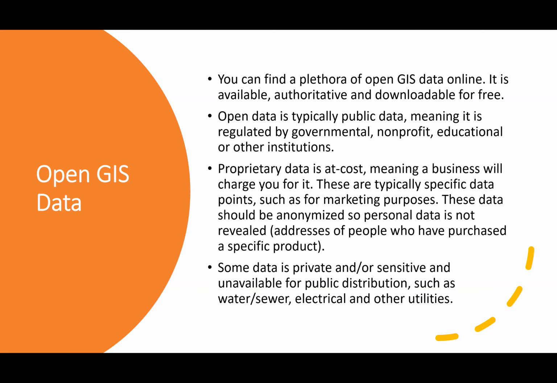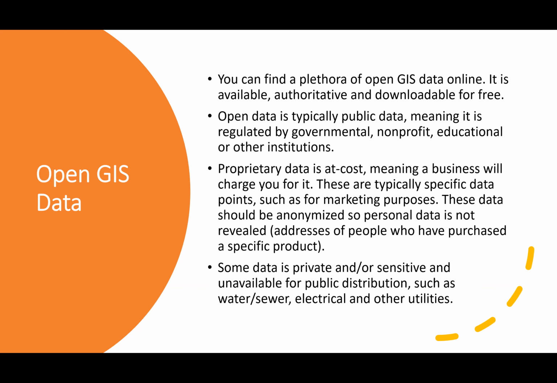These are typically specific data points, such as for marketing purposes. Proprietary data should be anonymized, so personal data is not revealed, in particular, the privacy aspect of addresses. So the example I give here is addresses of people who have purchased a specific product.